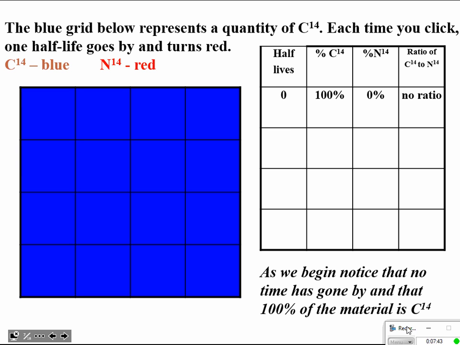Down at the bottom here, as we begin, notice that no time has gone by and that 100% of the material is carbon-14. You're going to see later on, we're going to do a carbon dating activity in the next week or so.